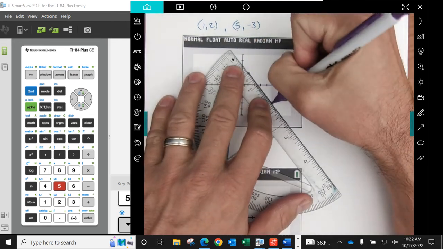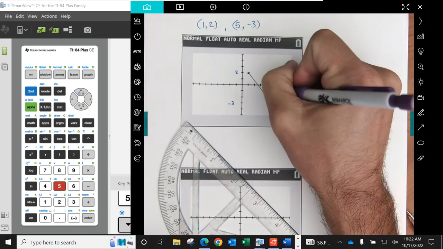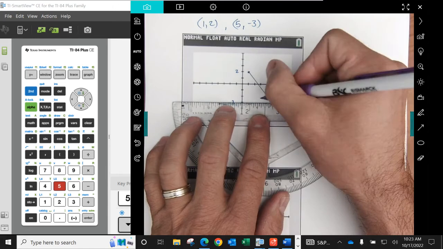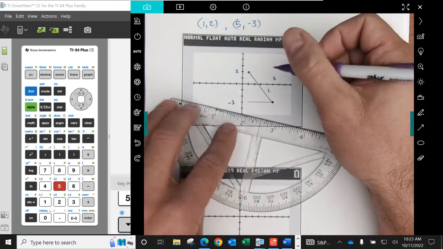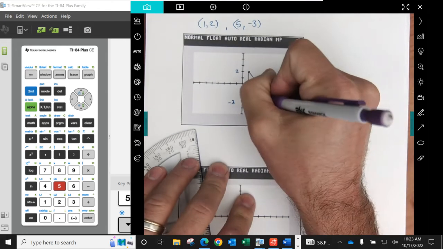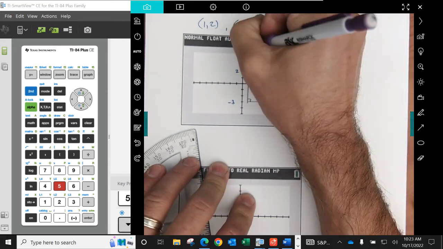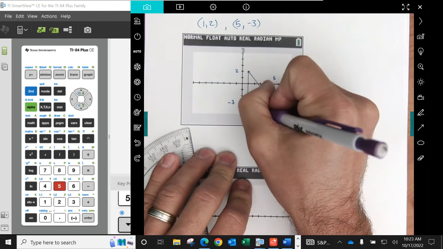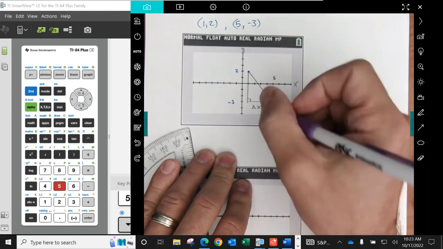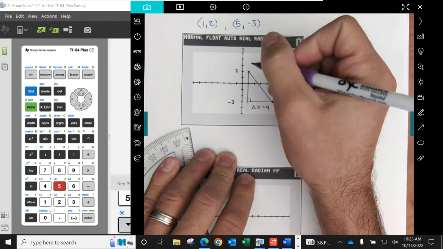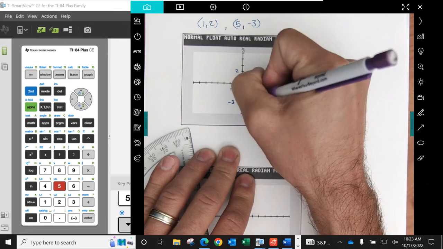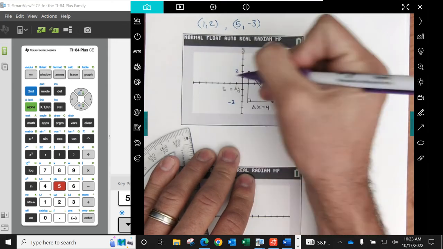We want this distance, or length, I'll call it L. And when we draw that right triangle, of our x-axes and our y-axes, we can see that our change in x, in this case, is from 1 to 5, which is 4 units, and our change in y is equal to 2 to -3, which is 5 units here.